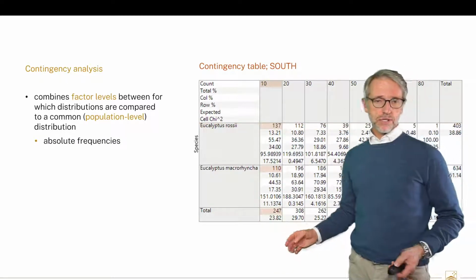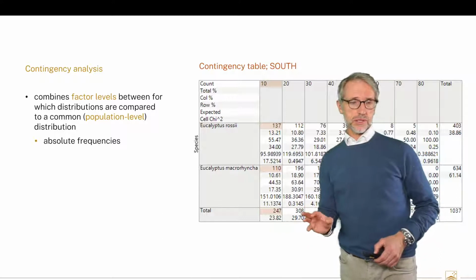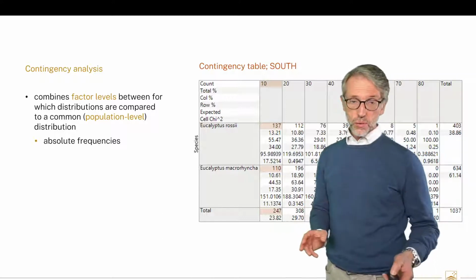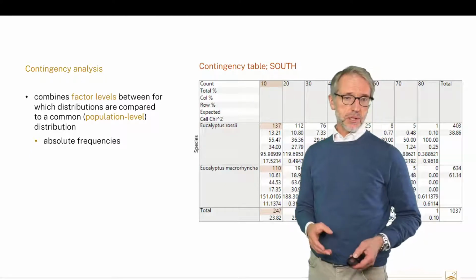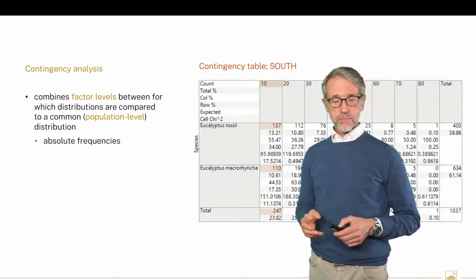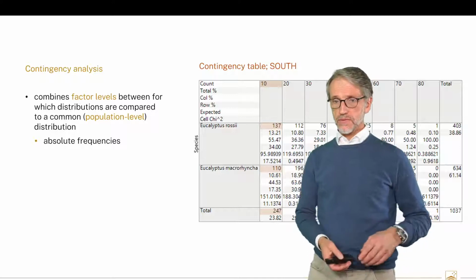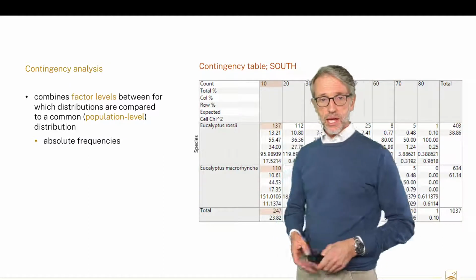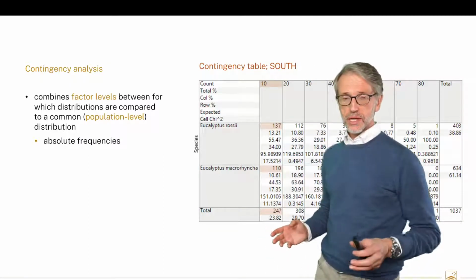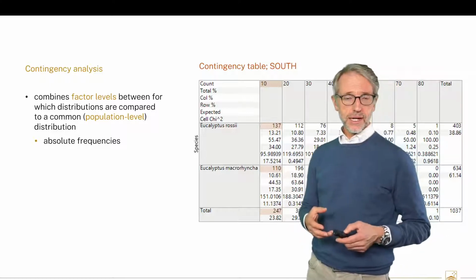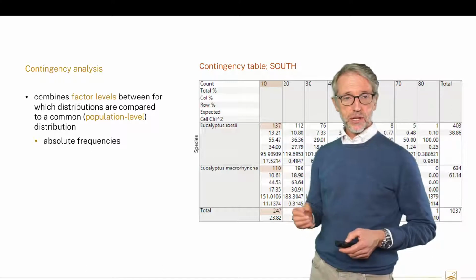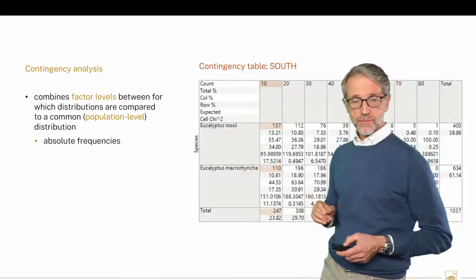Now that might be obvious, but it's important that we observe that those row and column marginal totals are there, because those row and column marginal totals, the 403 over here and the 247 down there, become the basis for calculating our expected values within each cell.